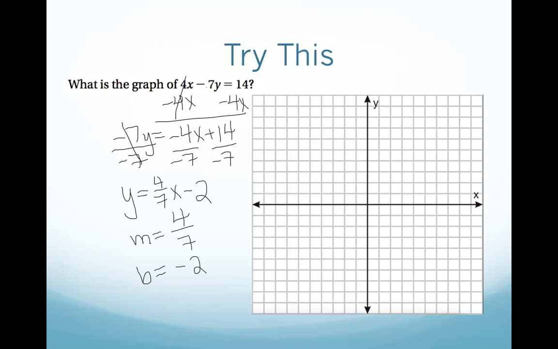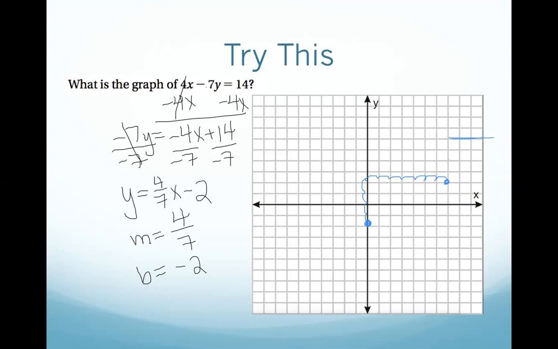Okay, I'm going to switch colors just so you can see it a little better. So I start with my y-intercept, rise 4, run 7. Okay, now I can't do that again, right? I don't have enough space to rise 4 and run 7. I would run out of space. I only have 3 units there. So instead of doing that, let's go the other way.